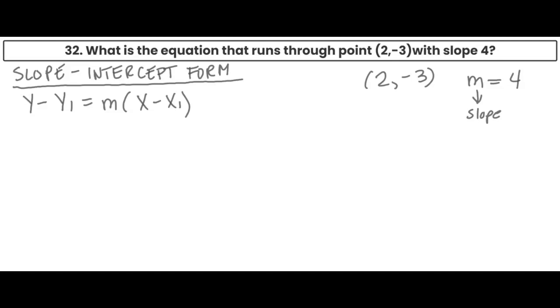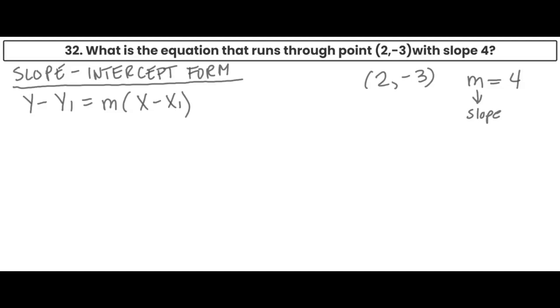Obviously, on the right-hand side, I rewrote the point, which is (2, -3), and the slope is identified by the letter m, which is 4 for this problem.